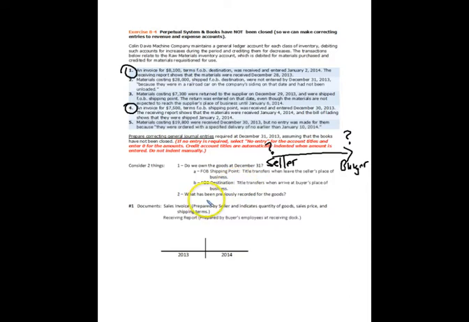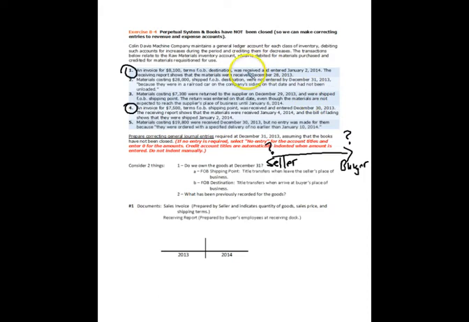The second question we want to ask ourselves is, have we recorded anything previously for these goods? And if so, we may need to correct it, or if we didn't, we may need to make a journal entry. Okay, so let's look at the first one. We have an invoice for $8,100, terms FOB destination. So that means title's going to transfer here.